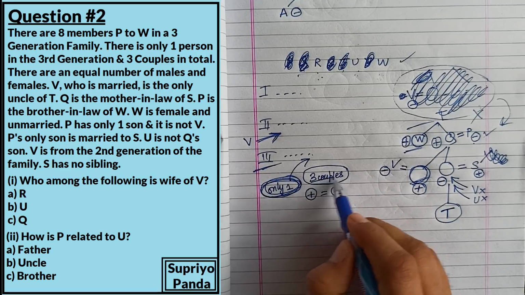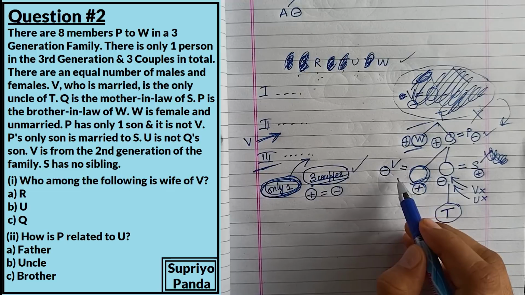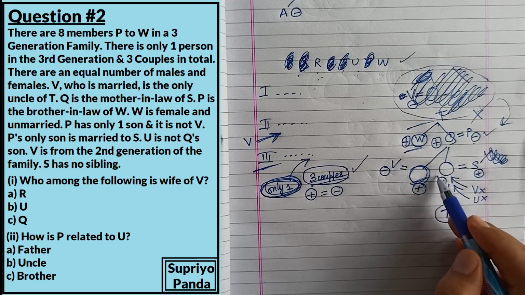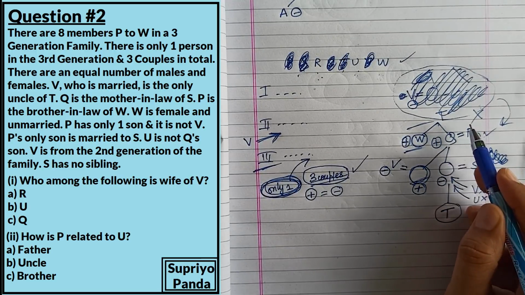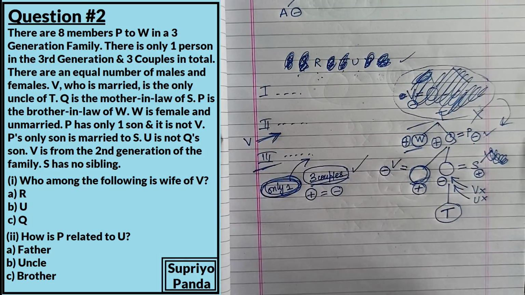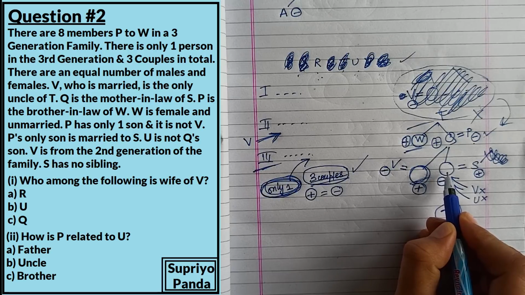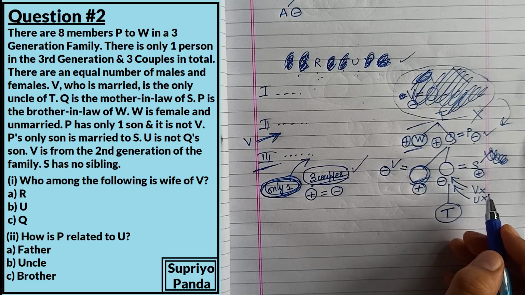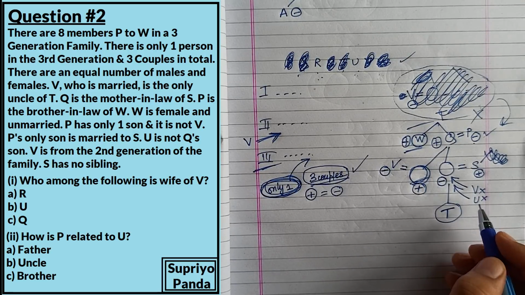Now see, three couples have been told to us, right? So we have three couples. One couple is over here, another couple is over here, and another couple is over here. See, we have placed W as well. And now R and U are the only ones left. And see, U we know we cannot place over here because it was already given to us in the question that U is not Q's son.